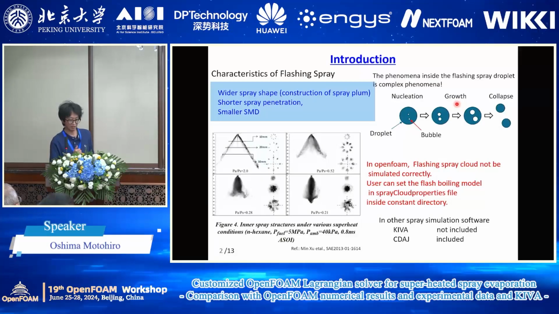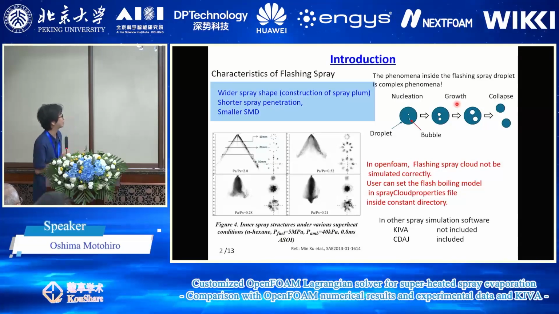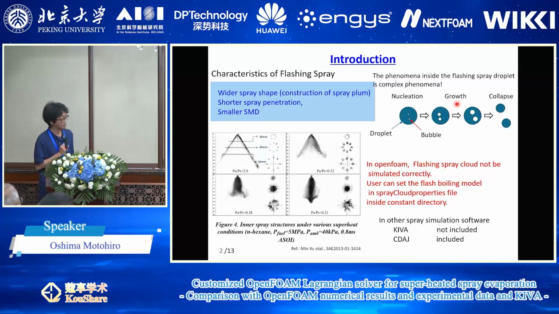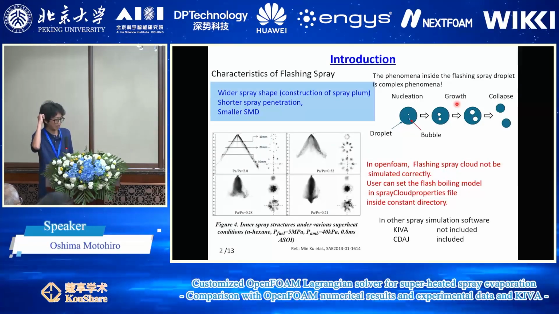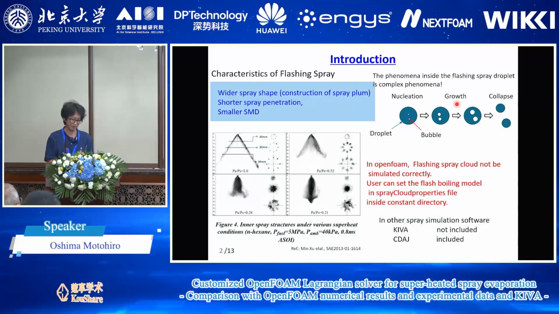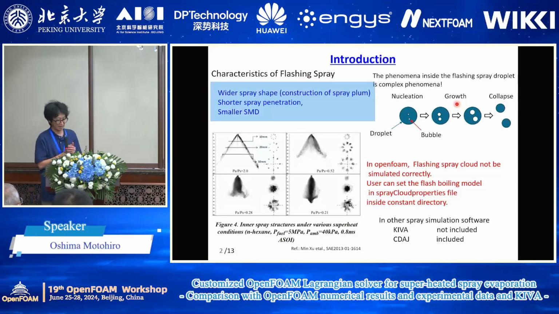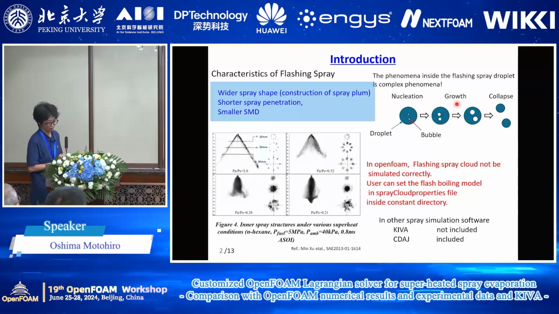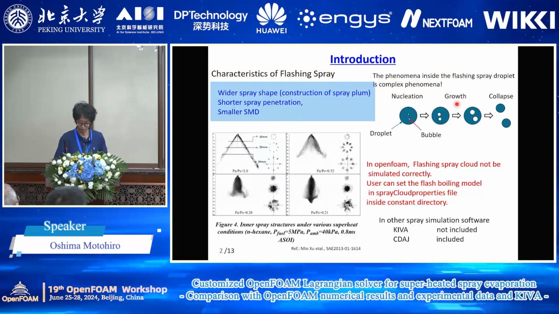However, a user can set the flash boiling model in the spray cloud properties file inside the constant directory, named liquid evaporation boil, as the flashing spray model. Among other spray simulation software, Kiva does not include it, while CDAJ includes the flashing model.